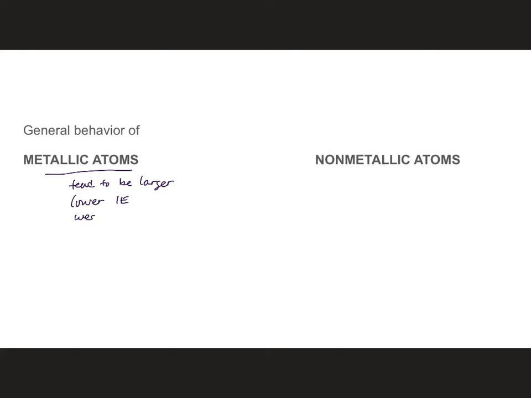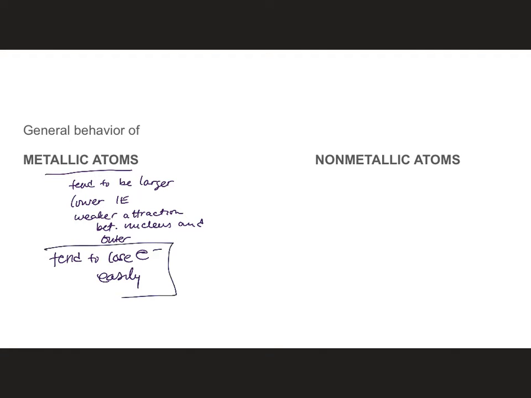And there is a weaker attraction between the nucleus and the outer electrons of these atoms. These atoms tend to lose electrons easily. We can generalize and say metals are good electron losers.